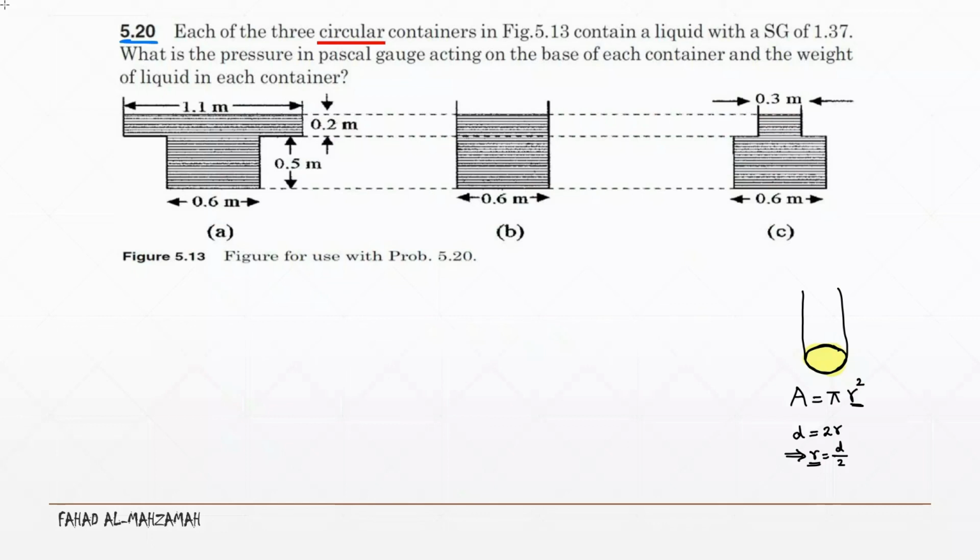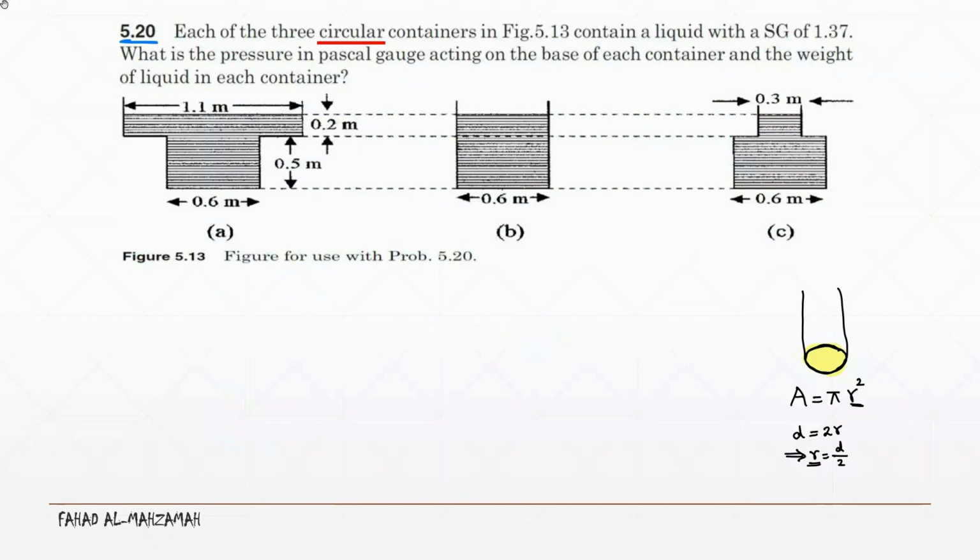So in unit of Pascal, and he said gauge. So do not include the atmospheric. Since it's open, there is an atmospheric pressure on the top of the tank. So do not include the atmospheric in your calculation, because he asked only about the gauge pressure, not the absolute pressure.